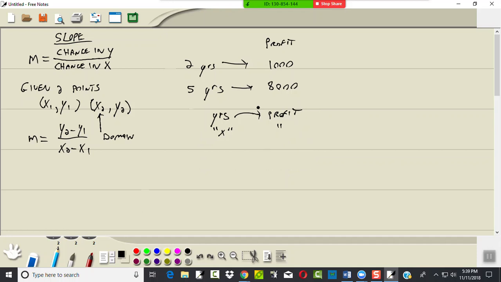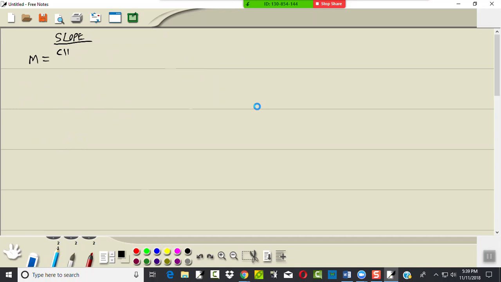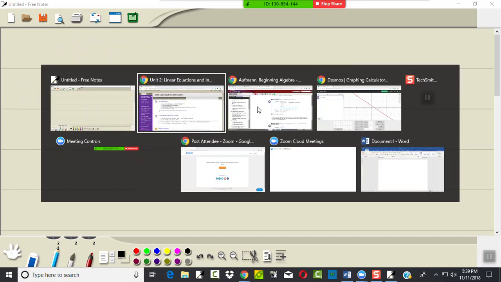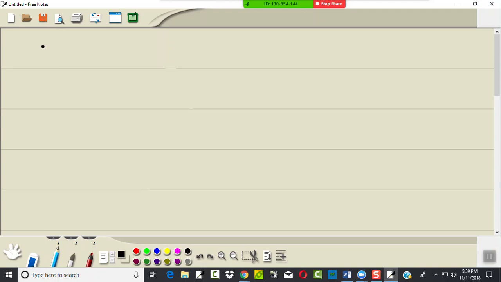Okay, let's talk about the slope-intercept form. I see it says graph a line using slope and y-intercept. Slope-intercept form looks like this: y is equal to mx plus b.